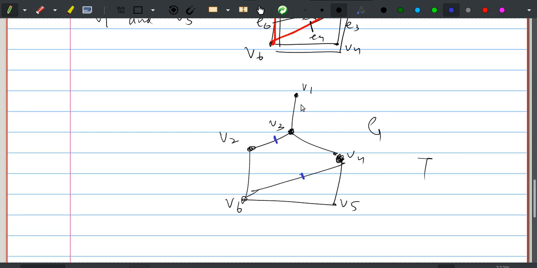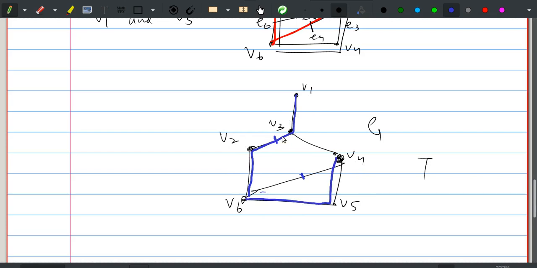Now if we look at this spanning tree here, this subgraph is a spanning tree.